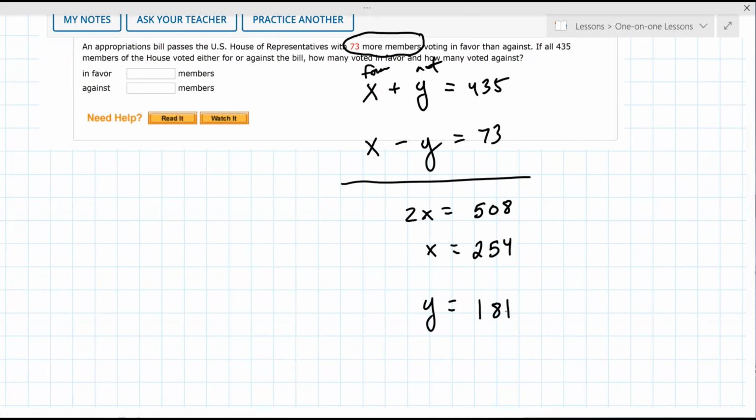The thing about this question is you almost could just guess and check until you got the right number. Setting up a system here is a little bit unnecessary, but that's what they ask you to do. So we are going to do it through.